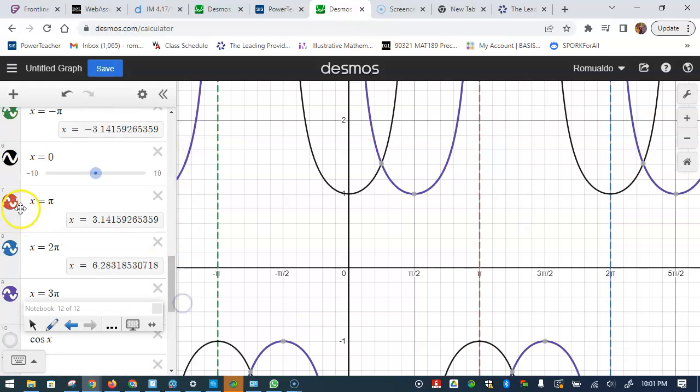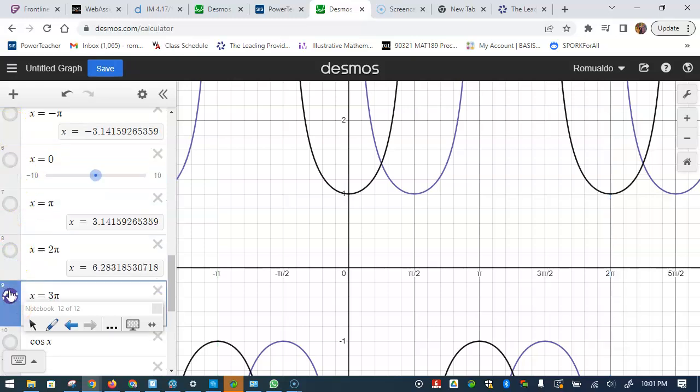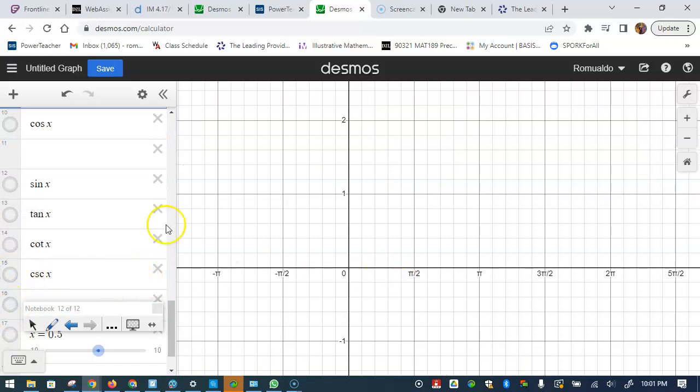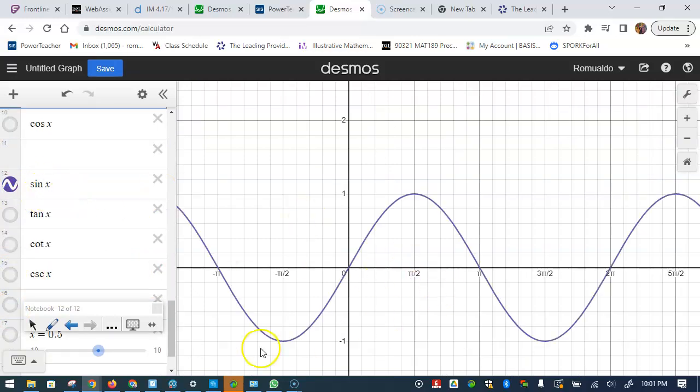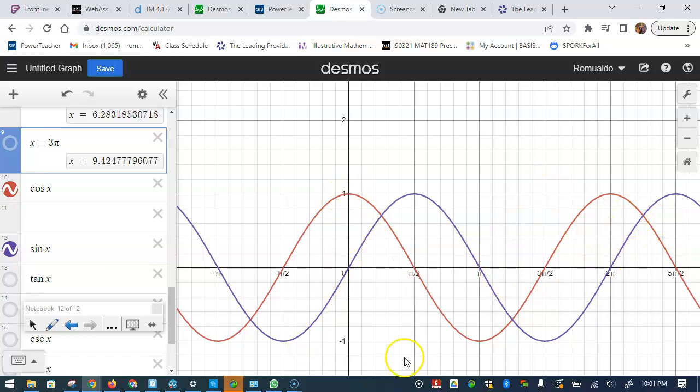The first thing that we learned is the sine graph. That's the sine graph. Now the cosine graph. Both sine and cosine look alike. Sine starts with 0, cosine starts with 1, and it's the same shape.